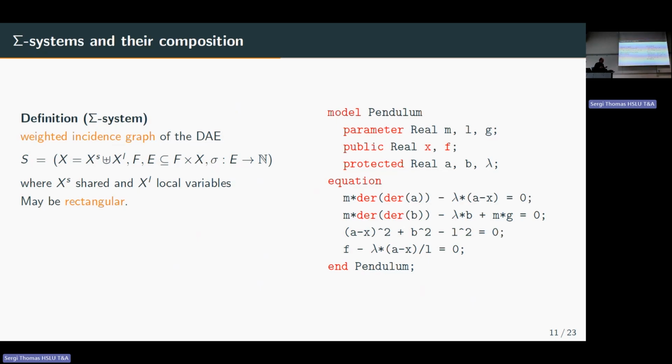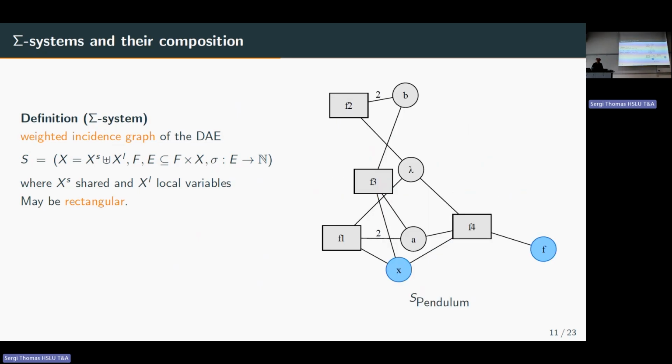We are doing a structural analysis, so the only information that we need is a weighted incidence graph, where the weights are the highest differentiation order of each variable in each equation. Such systems can be rectangular. So, for instance, for the pendulum, we will only compute on this graph.